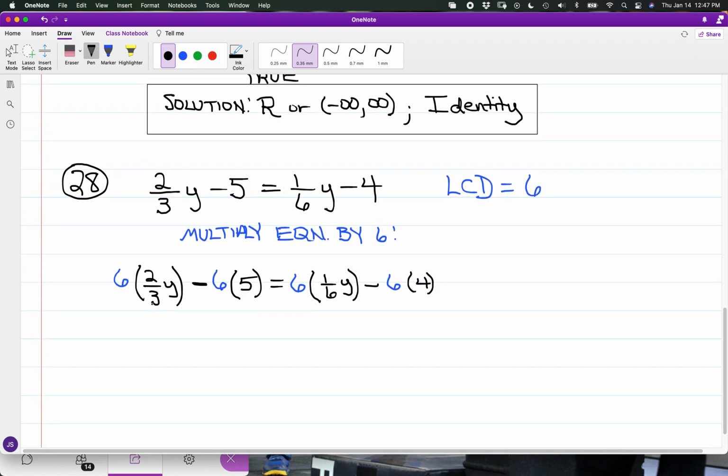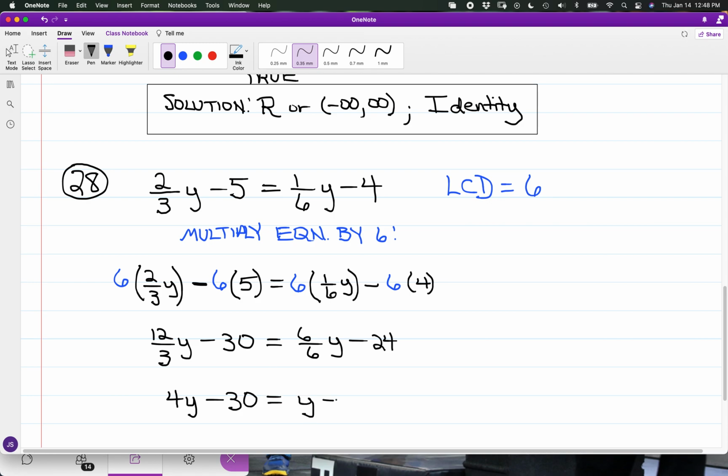For 6 times 2/3 of y, you can cross multiply and reduce, but now we have 12/3 of y minus 30, is equal to 6/6 of y minus 24. So 6 times 2/3 will be 12/3, so this will become 4y minus 30. And 6/6 is 1, so you have y minus 24.